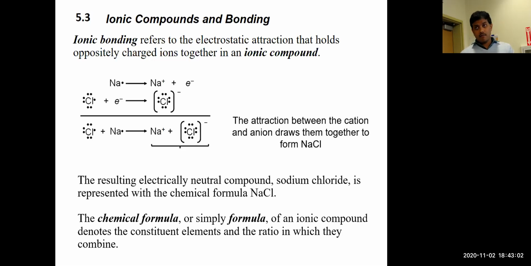We can refer to this as the chemical formula of sodium chloride, or sometimes just formula, or to be specific, the ionic formula. All of these mean the same thing. It tells us how many of each element are present.